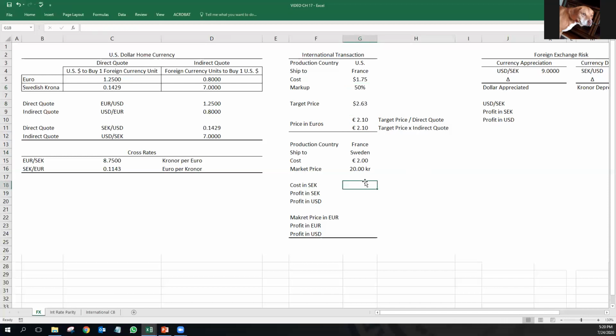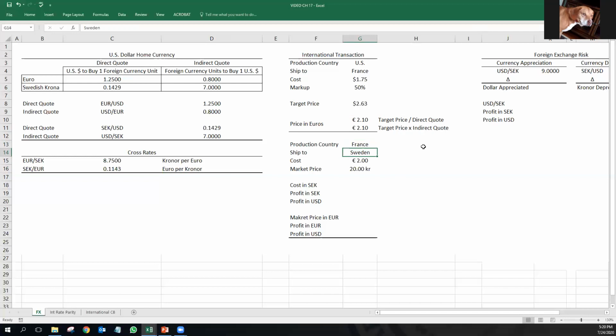Now, let's say that you're a price taker, and in Sweden, you already know those things sell for 20 kroner. You don't get to manipulate or choose how much you're going to charge. So let's say that now you're producing in France and you're going to ship to Sweden.